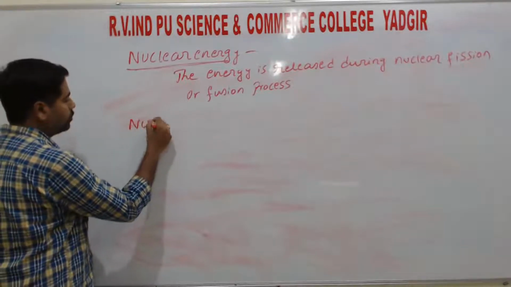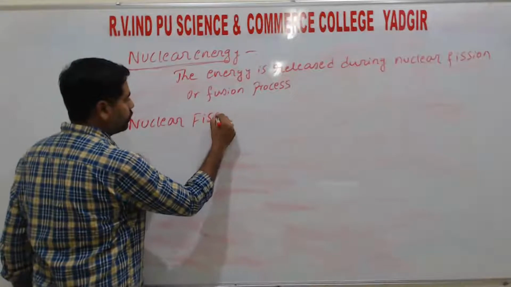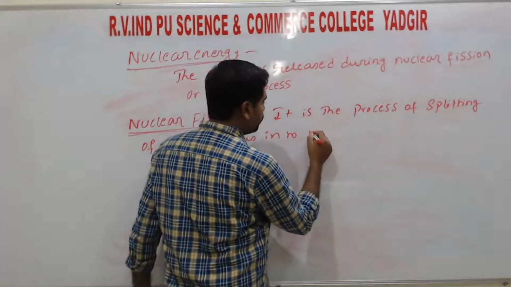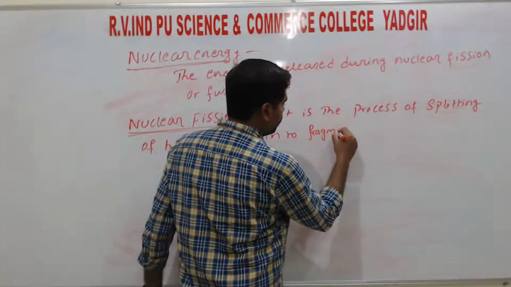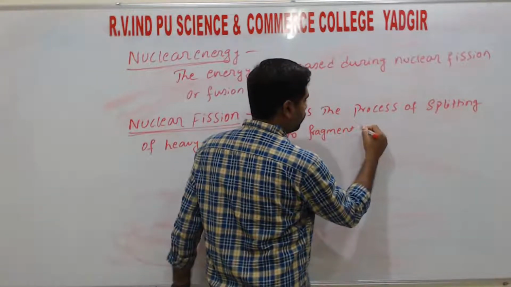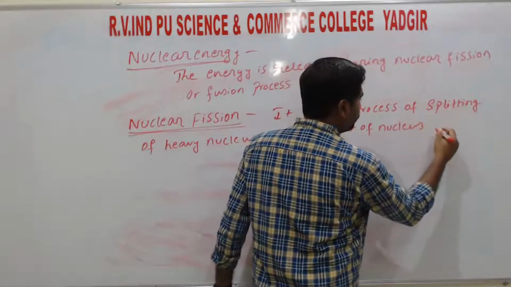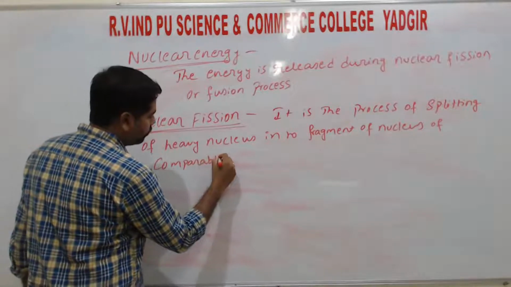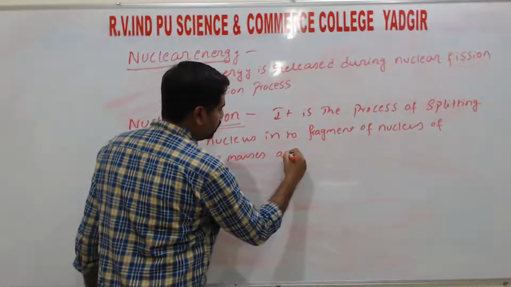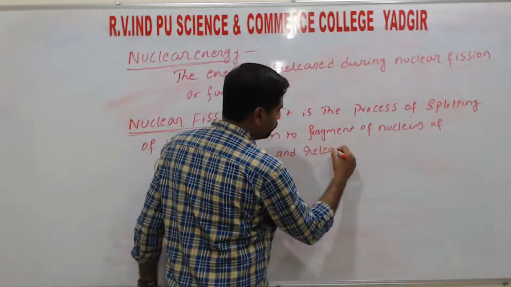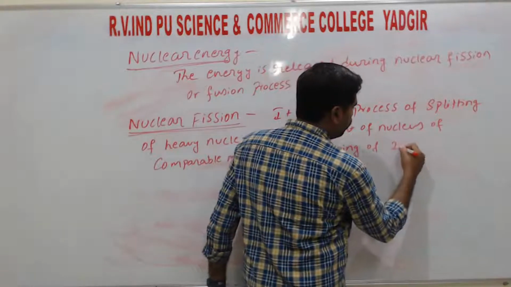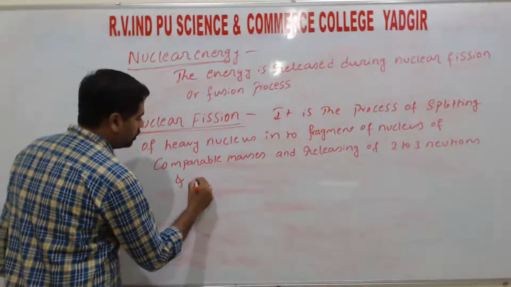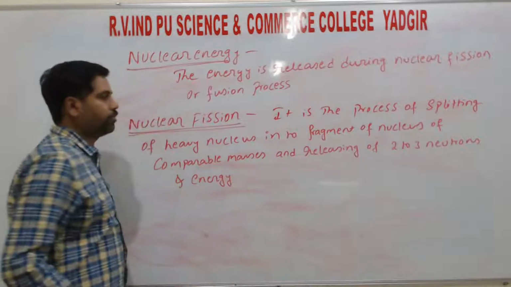Next is the splitting of a heavy nucleus into fragments of nuclei of comparable masses, releasing 2 to 3 neutrons and energy, right?